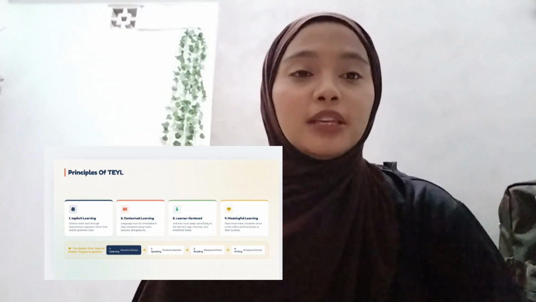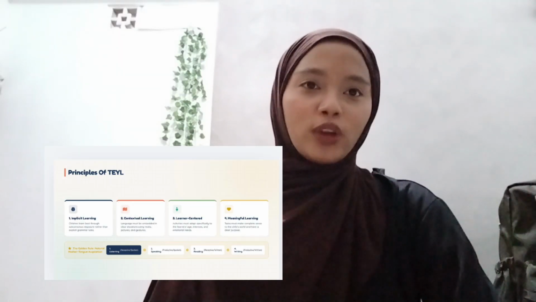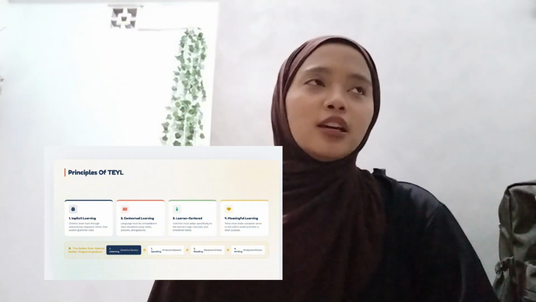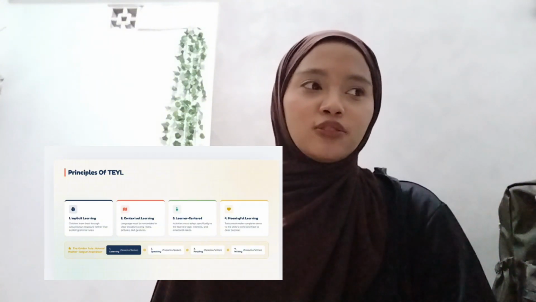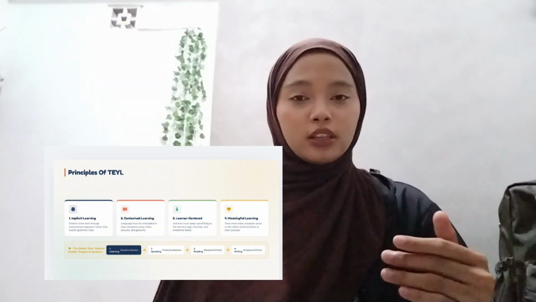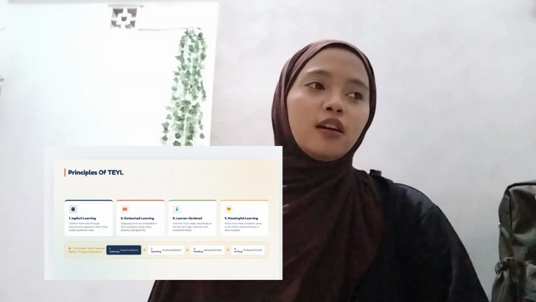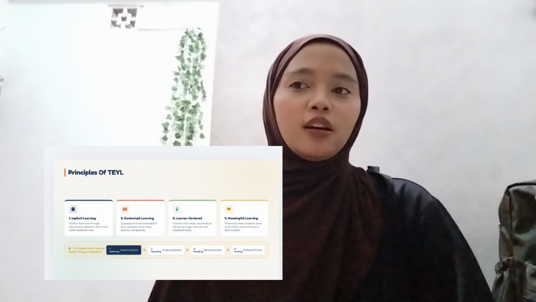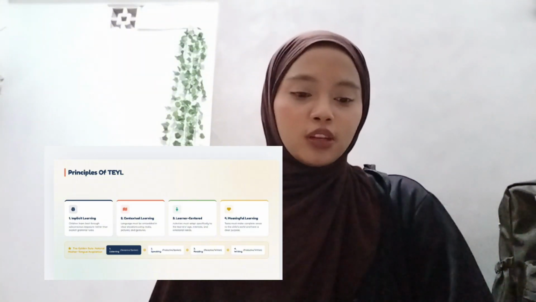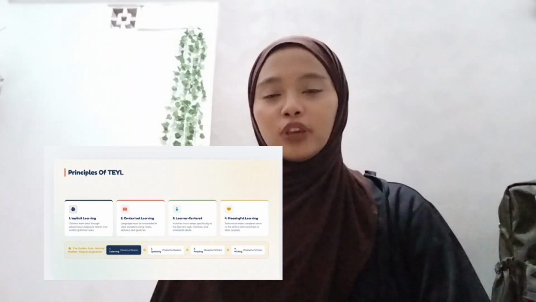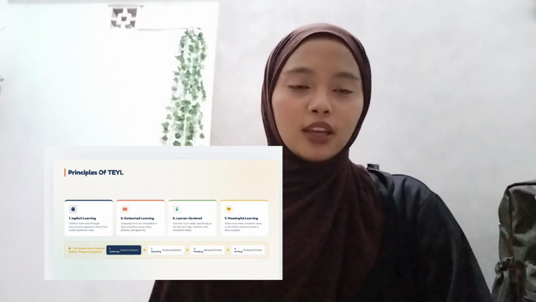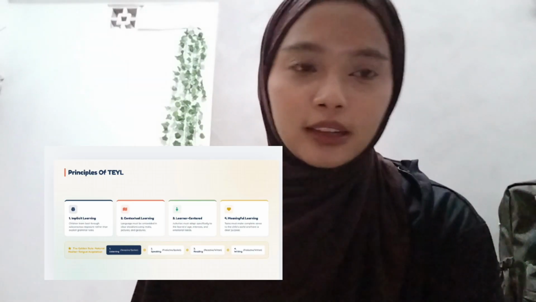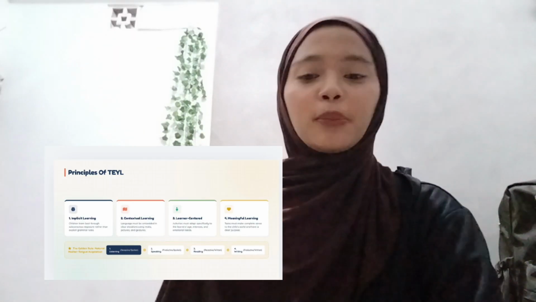The second one is contextual learning. Language must be embedded in clear situations using realia, pictures, and gestures, or the teacher must give sentences or real life situations for the material. For example, if we teach vocabulary, we need to give sentences also.